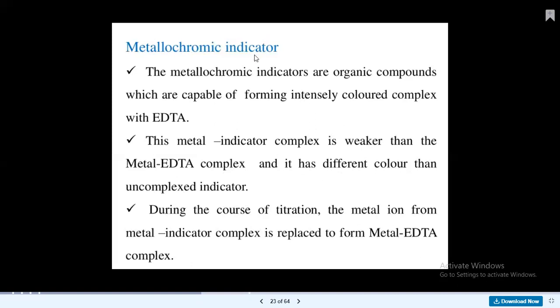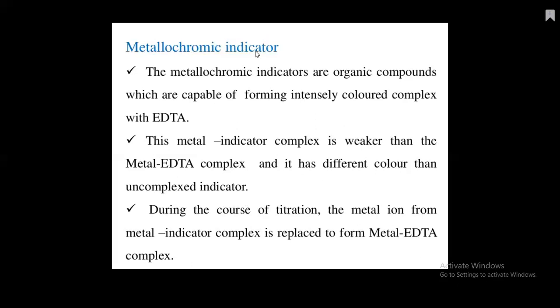When we use the word indicator, what does it mean? The indicator is present in your reaction flask. When the reaction between your titrant and analyte is completed, and all of your titrant is consumed, then the indicator reacts with your titrant. That is the common procedure in all the different types of titration.